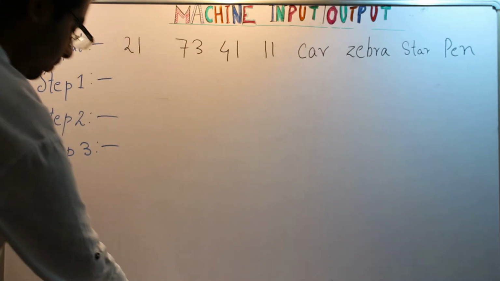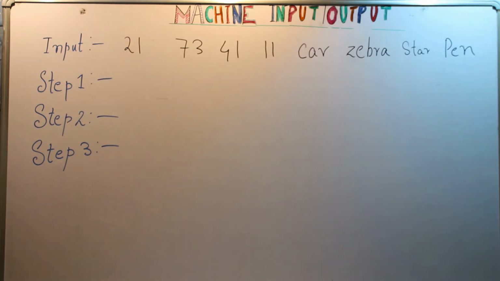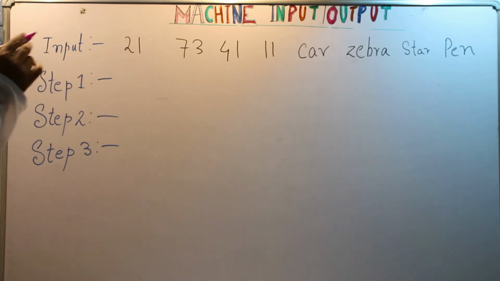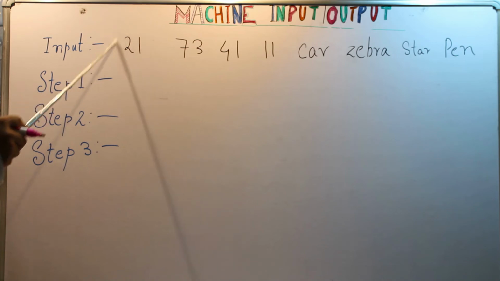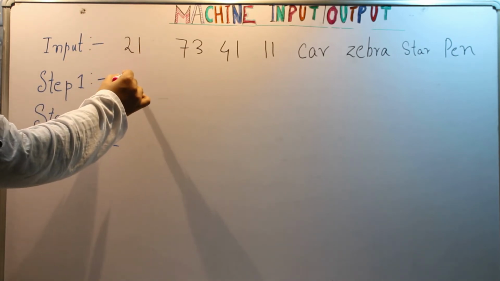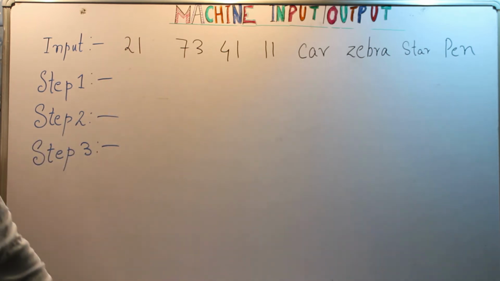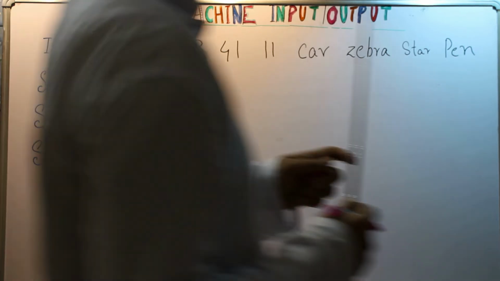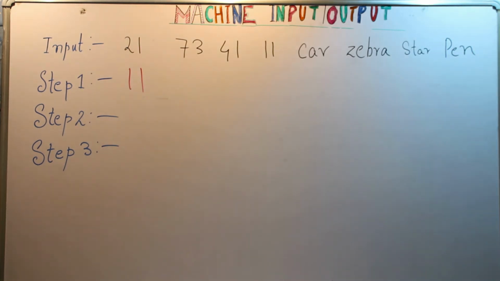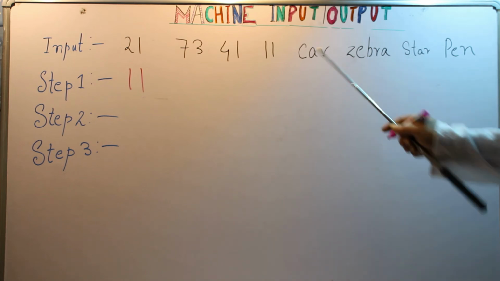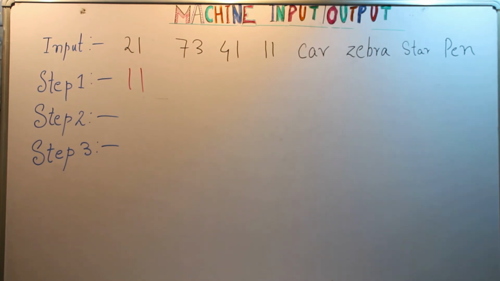So following the trend from the previous input output statement, in step 1, the machine will use the lowest number, which is 11, and the word having the alphabet that comes before the alphabets of the other words in the alphabetical series.